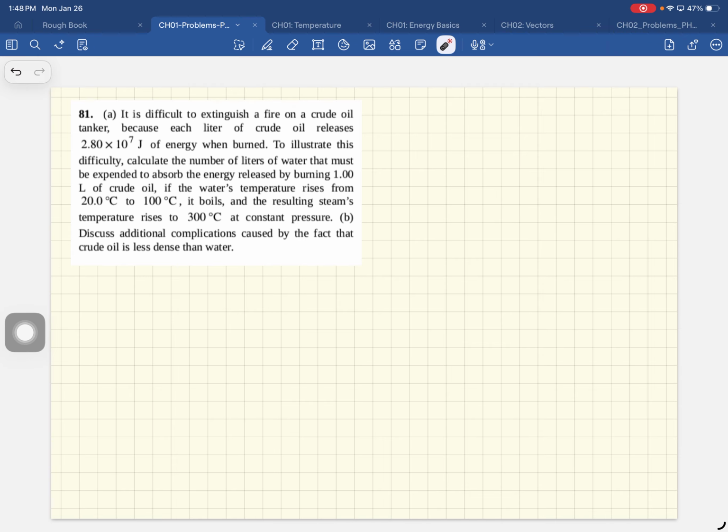The latent heat of vaporization of water is 2.26 times 10 to the 6 joules per kg.